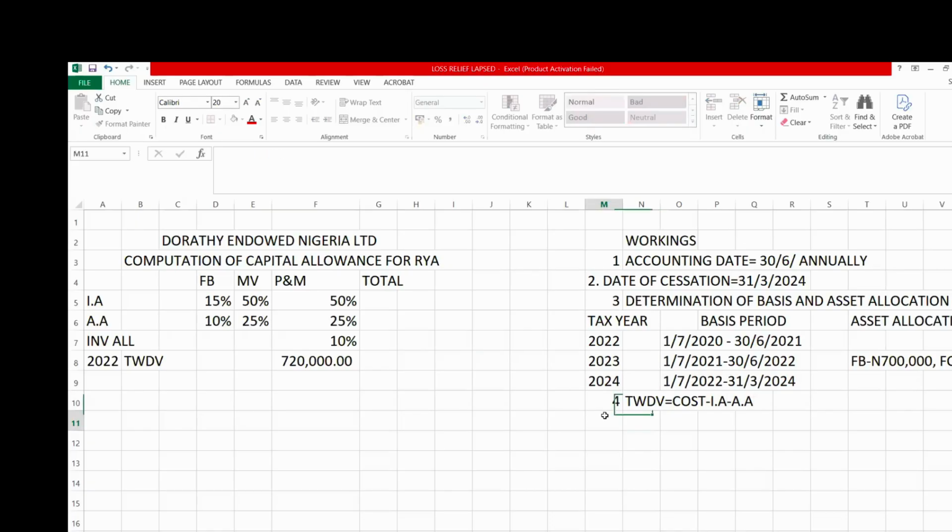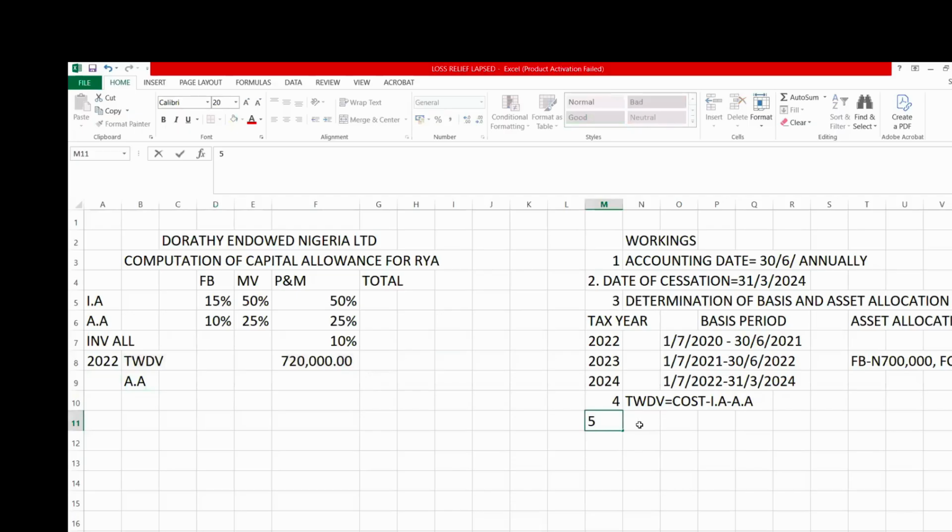So what this means is that for this asset, before this 2022 year of assessment, they have been claiming capital allowance on this asset. In the year it was acquired, they will have claimed initial allowance. So the only allowance that will be available for claim in this year will be annual allowance.